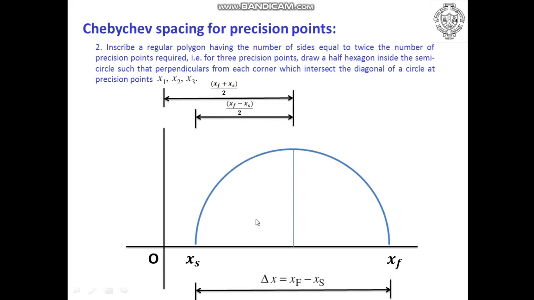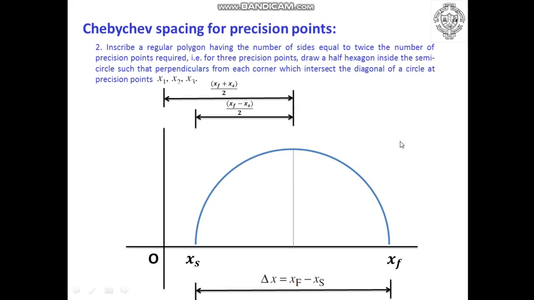Now if you want to find the midpoint of this semicircle from the origin, we consider the formula xf plus xs divided by 2, which is shown by this particular distance. So this distance indicates the midpoint of xs and xf from the origin.